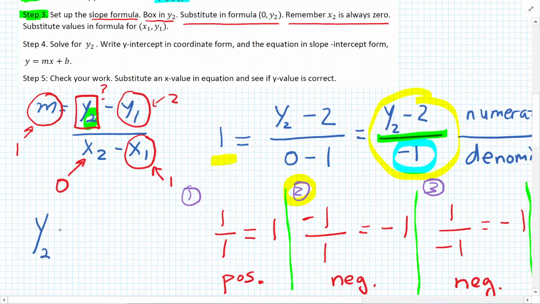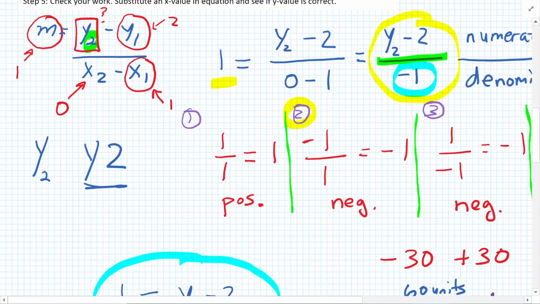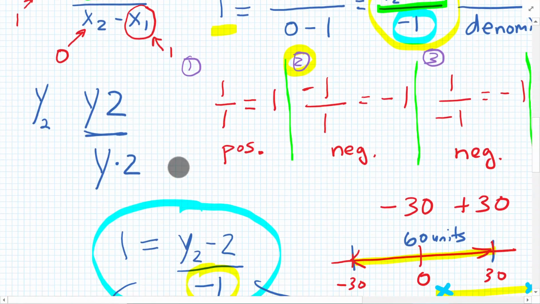Little y sub 2 and y times 2 are not the same. This looks like, right here, this looks like 2 times y, or y times 2. Or another way of expressing it, y times 2.